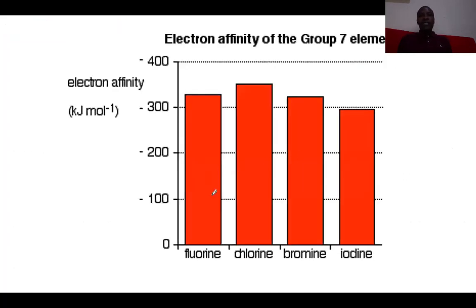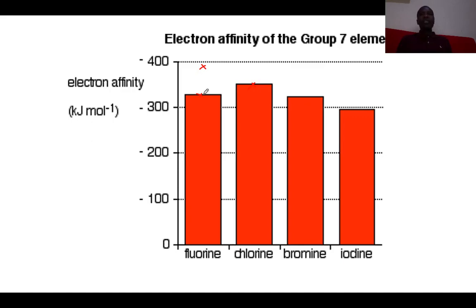So that's the thinking. Electron affinity of group 7 elements. We have fluorine, you can see where it is. We should be expecting it to be maybe around here, at least above chlorine, but it's not there. It is lower because of what we just said. It has a very small atomic radius and therefore high charge density.